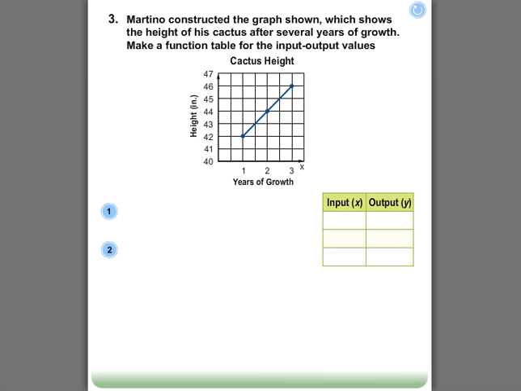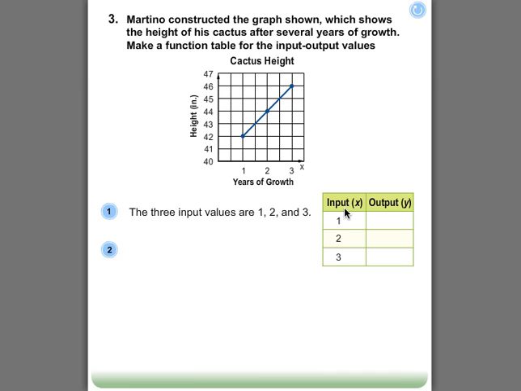Okay, Martino constructed the graph shown, which shows the height of his cactus after several years of growth. So make a function table for the input and output values. The three input values are 1, 2, and 3. Do you see where on the graph, this is over 1 and up, this is over 2 and up, and over 3 and up.